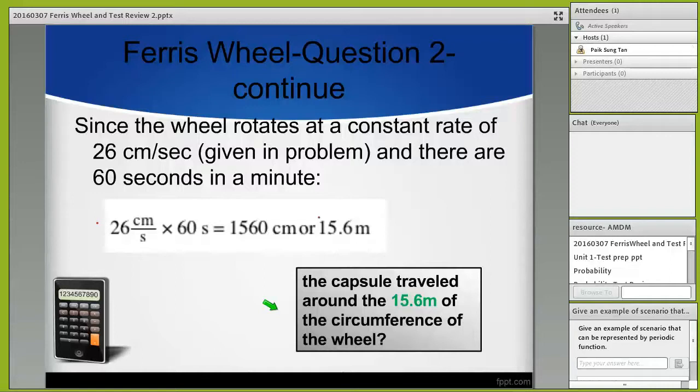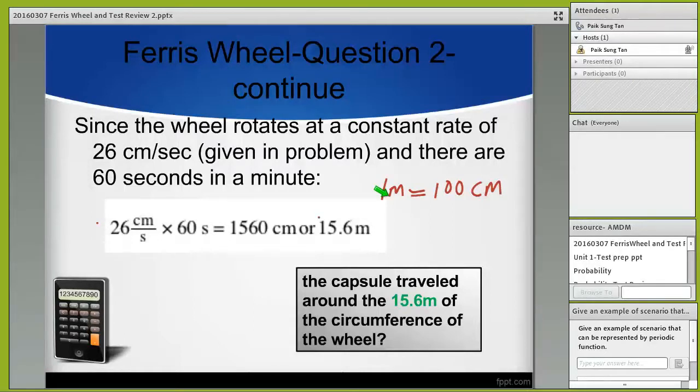Or when you convert centimeters to meters, 1 meter is equal to 100 centimeters. So given that, 1,560 centimeters becomes 15.6 meters.